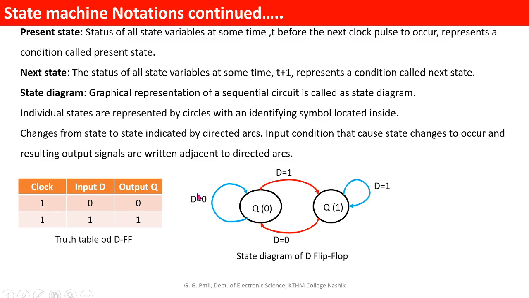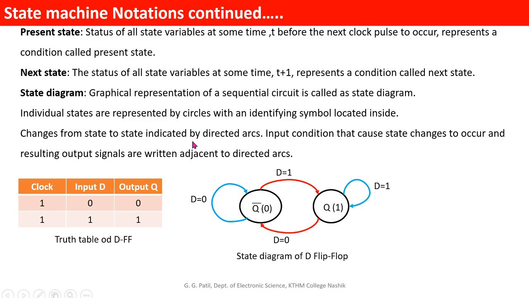Here, a state machine of a D flip-flop is shown in the state diagram. The states are shown by the circles, and the state may be either 0 or 1. So there are two possible states in the flip-flop. The output state may be 0 or it may be 1. 1 is nothing but Q and 0 is Q bar. So states are represented by circles with the identifying symbol located inside.